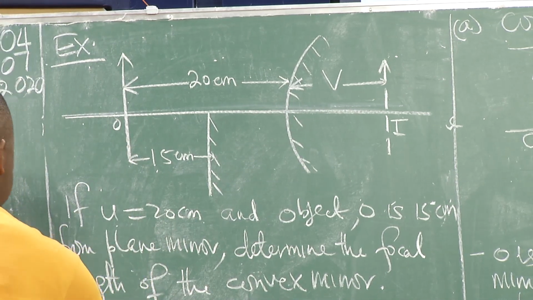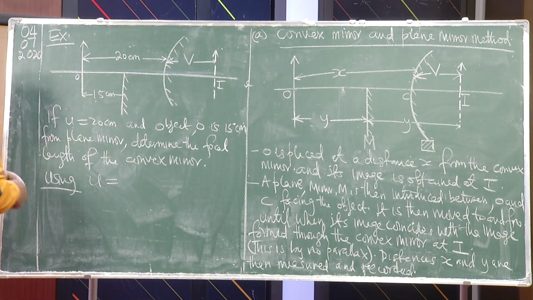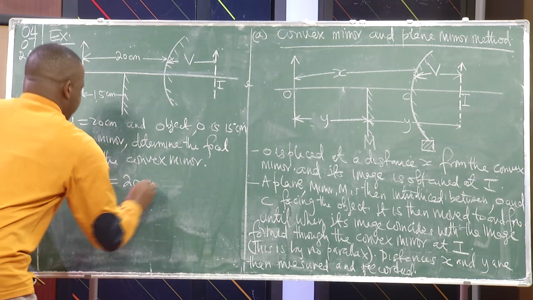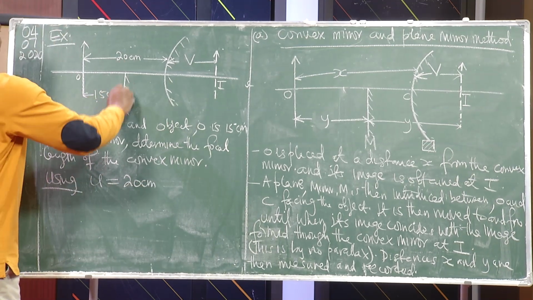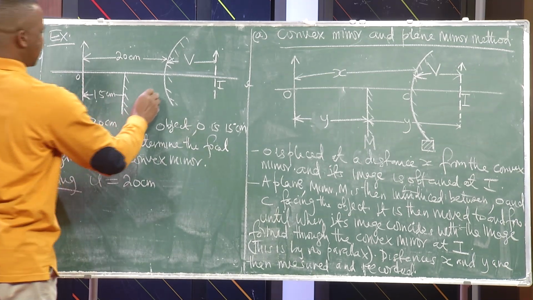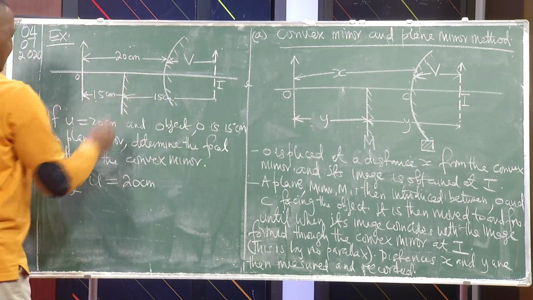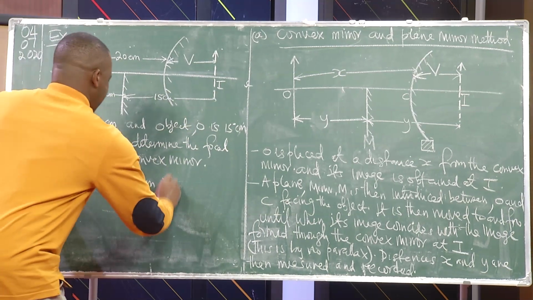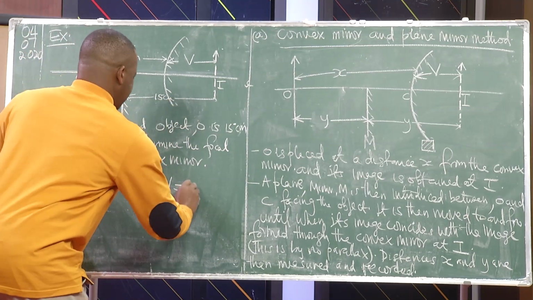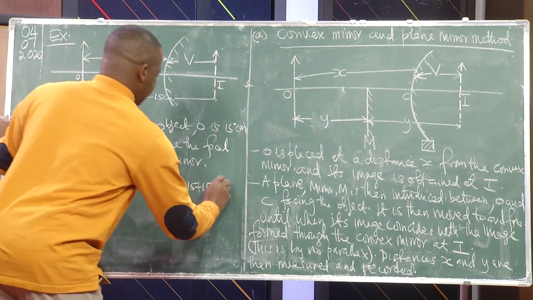So we shall say that our u, from what we have just discovered, is 20 centimeters. And since this is a plane mirror, using the plane mirror image formation property, this will also be 15. So it implies that our v is going to be 30, which is 15 plus 15, minus 20.